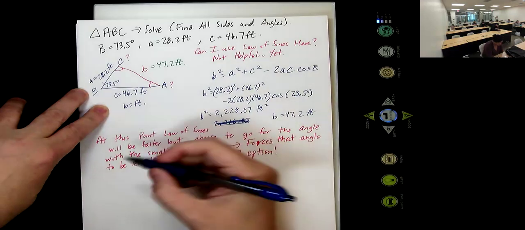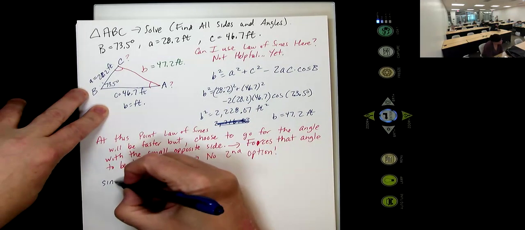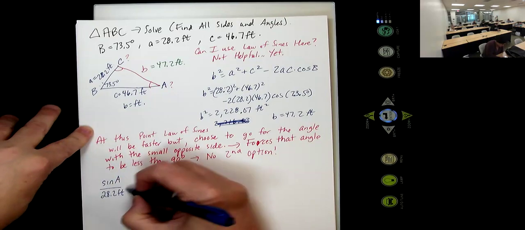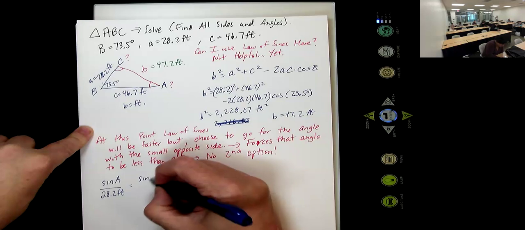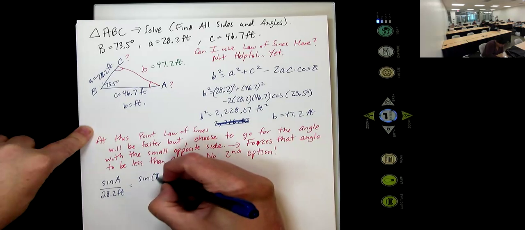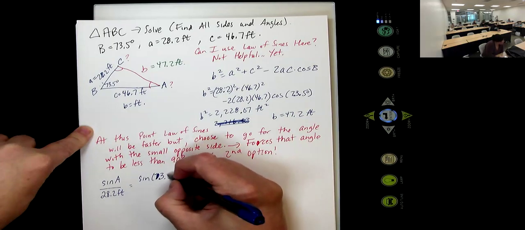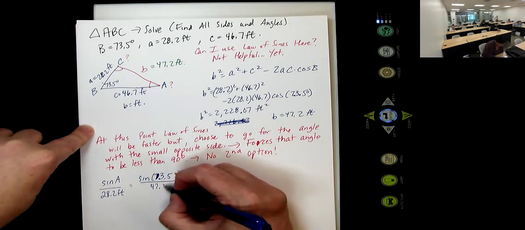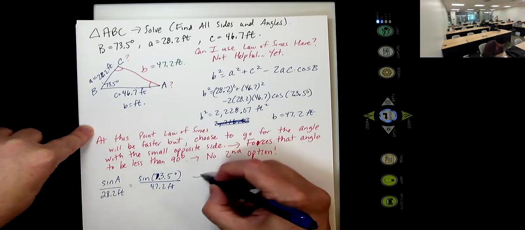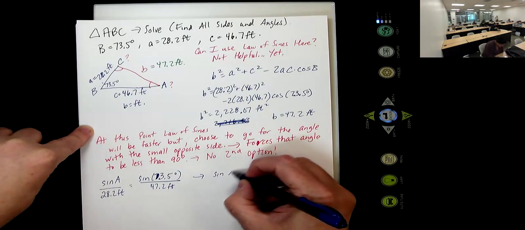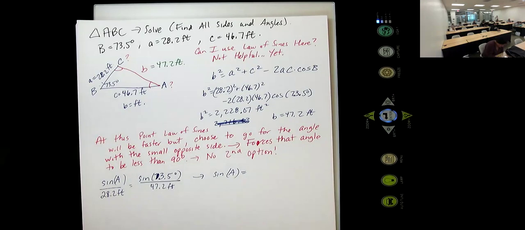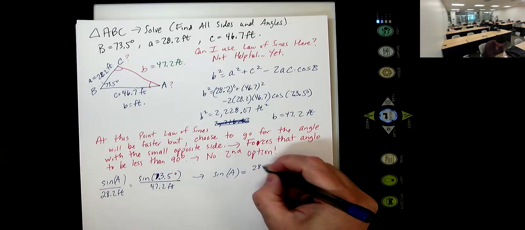I am looking for sine A, so I'll put sine A on top over A is 28.2 feet, equals sine of 73.5 over 47.2 feet. If I do that, I get sine of A equals... clear the fractions.